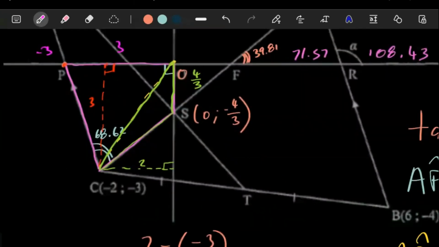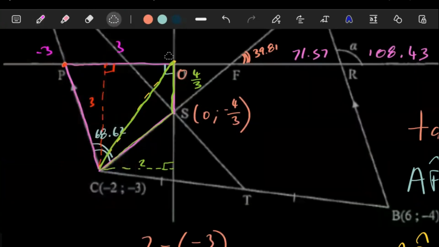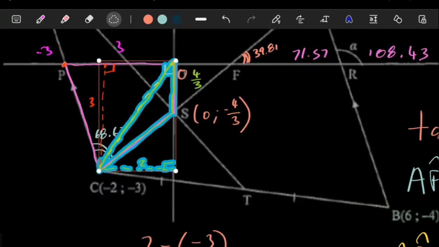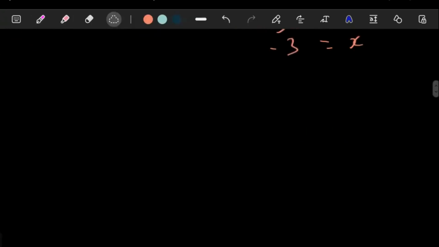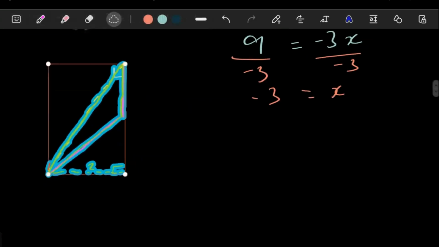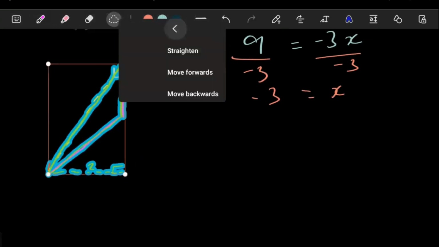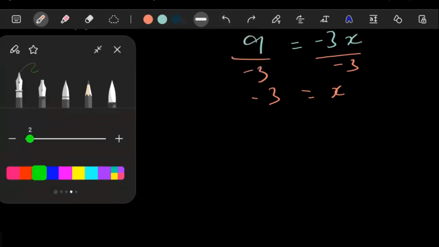So let's take this green shape here and copy it down to where we're going to be doing our calculations. The area of this triangle in particular is going to be half base times height. If you want to rotate it, you can, but it's okay the way it is right now. So here, half. Let's use green so that we have some kind of a theme.